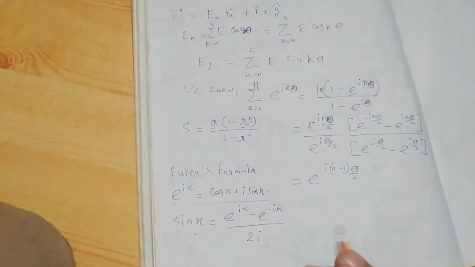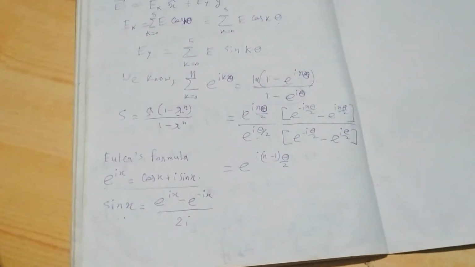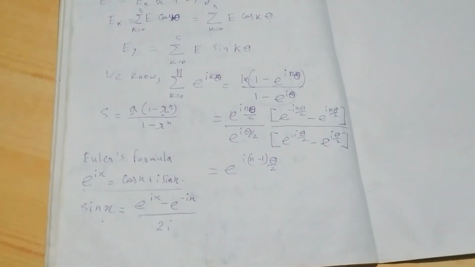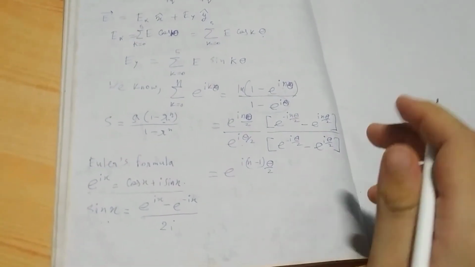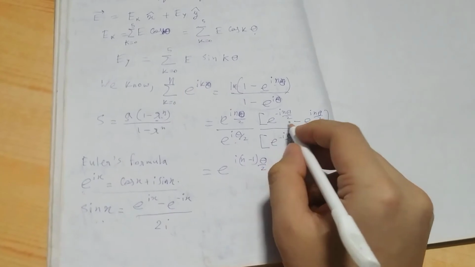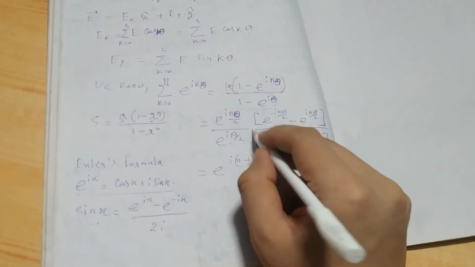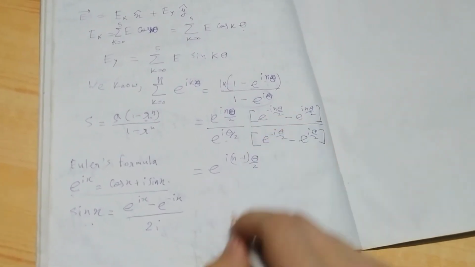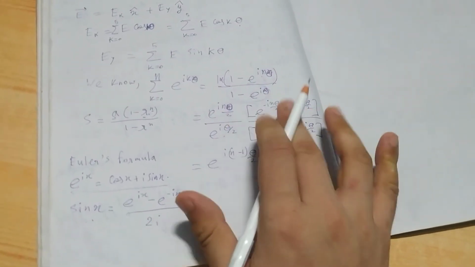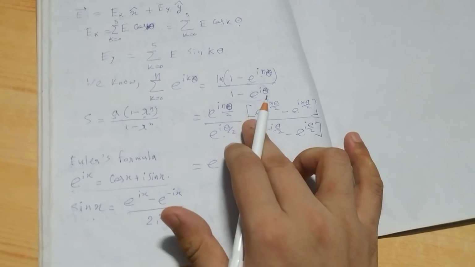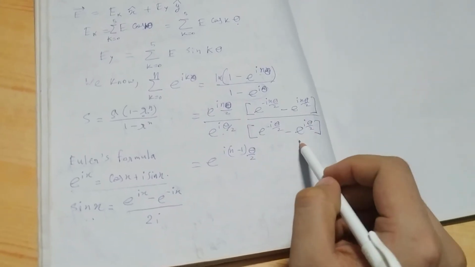So you can understand that if I take a minus common in numerator and denominator here, then this will turn around, this will be plus and this will be minus.